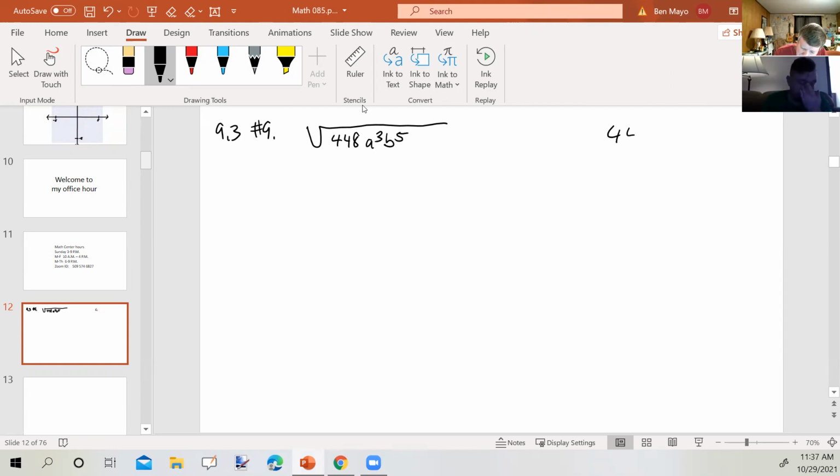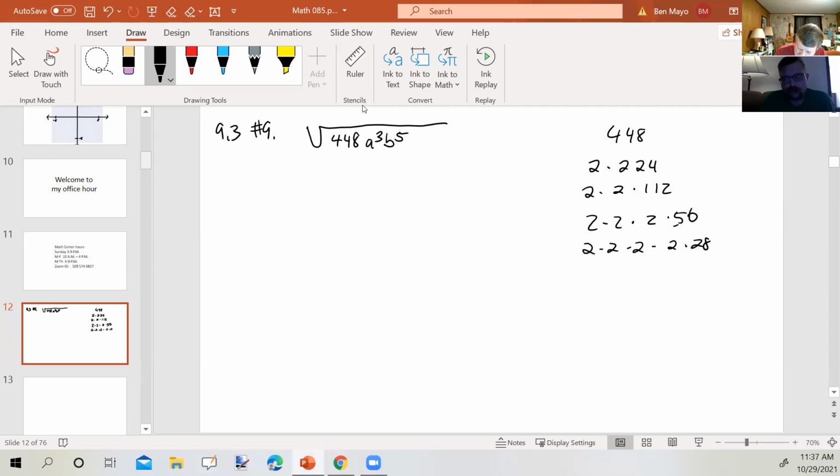So first of all, let's take a look at 448. 2 goes in 224 times. 2 goes into 224 112 times. 2 goes into 112 56 times. 2 goes into 56 28 times. 2 goes into 28 14 times.